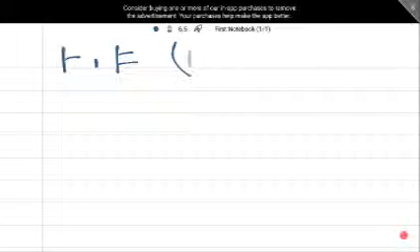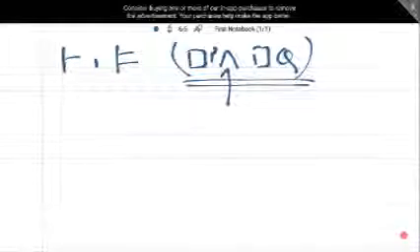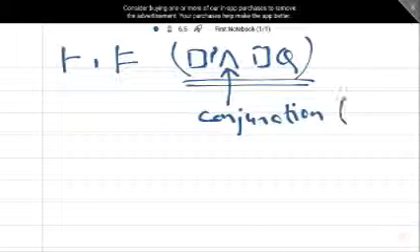So if the statement is written like this, it means that is this statement valid. And this new symbol that you'd be seeing is nothing but conjunction, or and.